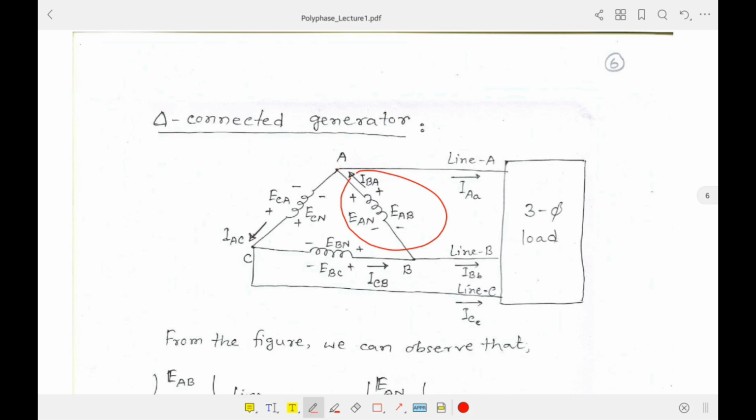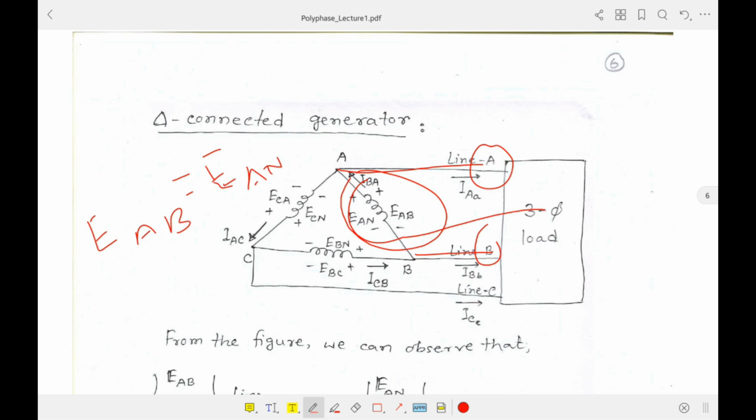This is the phase voltage, and if you notice, this portion is connected, right? From A to B, this EAN is being supplied. So I can say that EAB is just EAN if I write EAN as the phase voltage. So in case of delta connection, the line voltages and phase voltages are equal.